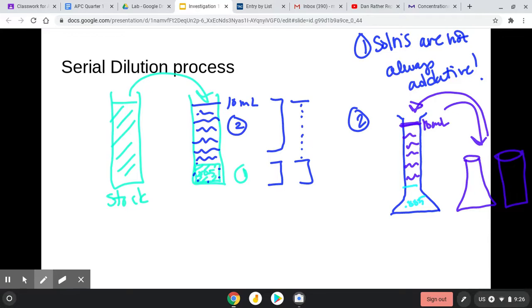You're going to introduce more air by doing it this way. You could also put a glove on, cap your graduated cylinder, and shake it, and then go back and add water as you need to the 10 milliliter mark. But just be warned, graduated cylinders are really bad mixing devices. So if you are doing this in a graduated cylinder, you have to take a couple steps to make sure that the solutions actually mix together, and that you actually did dilute to that 10 milliliter mark.